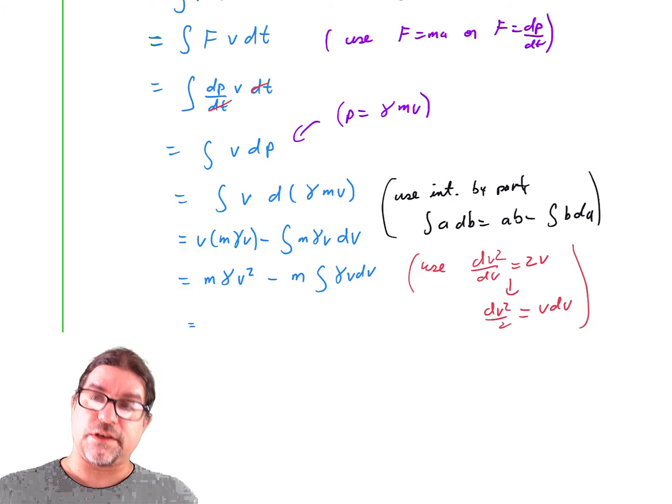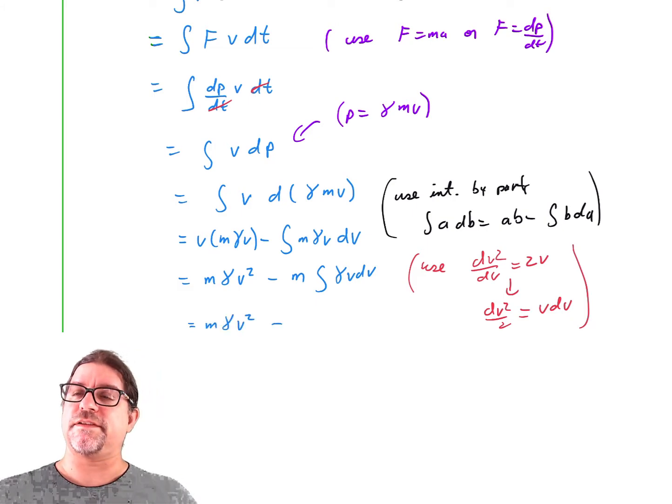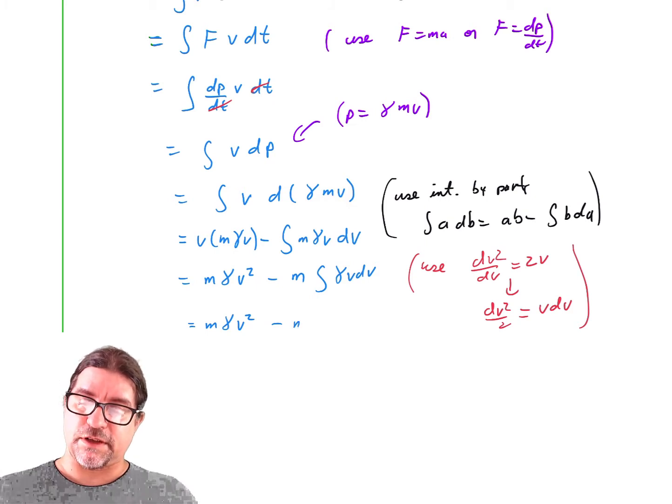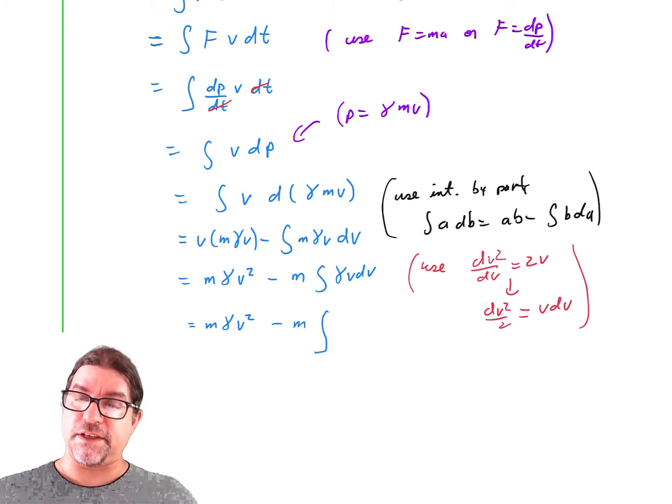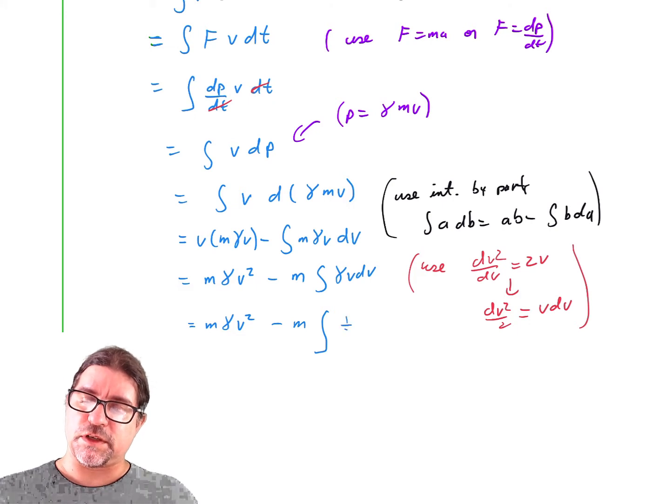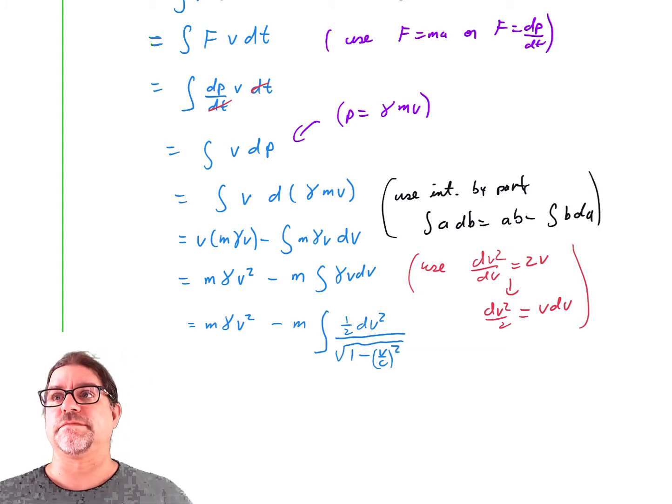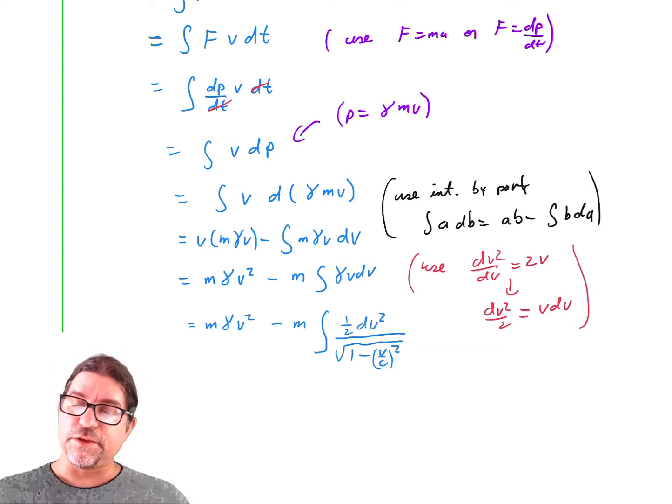So the first term is still m gamma v squared minus, and I still have that m in there. I'm going to replace that v dv with 1/2 d(v squared). And let's put that gamma in there too. Remember, gamma is 1 over the square root of 1 minus v over c, squared. So this is something integrable.